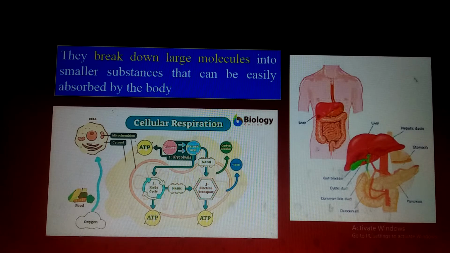And enzymes like lactase, maltase, sucrase, and proteases, etc., are all responsible for the breakdown of the larger proteins, lipids, etc., into smaller ones, like fatty acids, amino acids. Is it clear? So they are helpful in the breakdown of the larger molecule into smaller molecule.